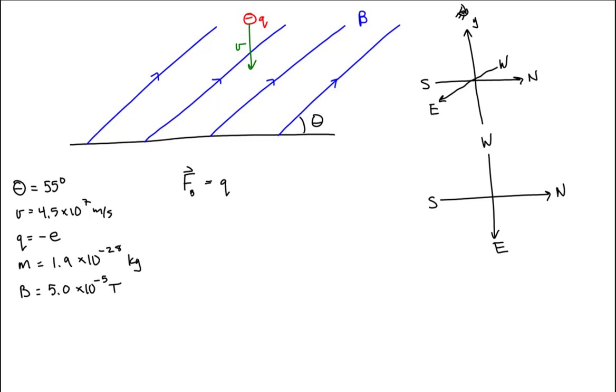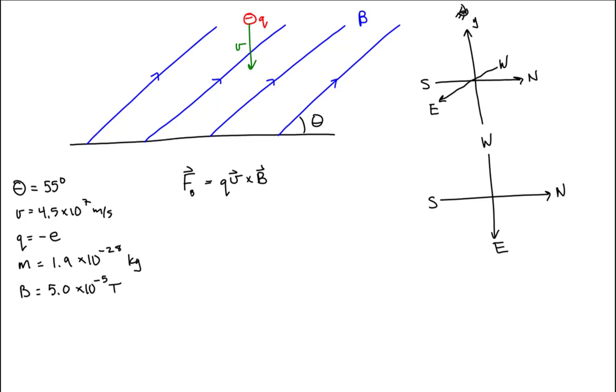It is equal to the product of the charge and the cross product between the charge's velocity and the external magnetic field, in this case, the magnetic field of the Earth. Due to the cross product, we know that the magnetic force that Earth exerts on this charged particle will be at a right angle to the charged particle.